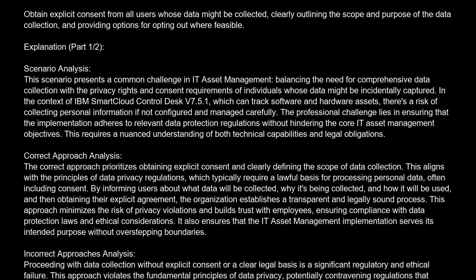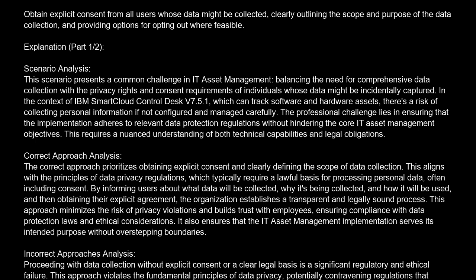This approach minimizes the risk of privacy violations and builds trust with employees, ensuring compliance with data protection laws and ethical considerations. It also ensures that the IT asset management implementation serves its intended purpose without overstepping boundaries.